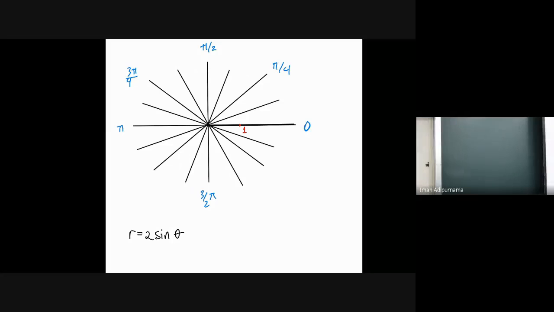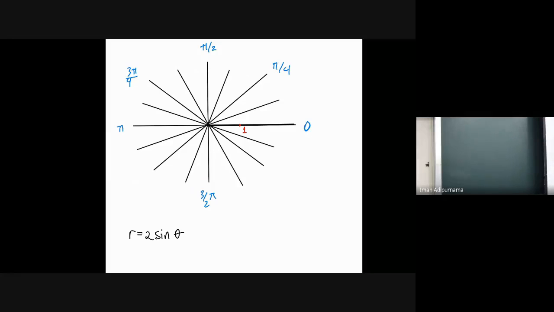So maybe 1 also here. If your sine theta starts from 0, then it starts from here, right? Sine theta is 0 here, and then you keep increasing.